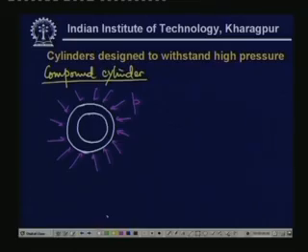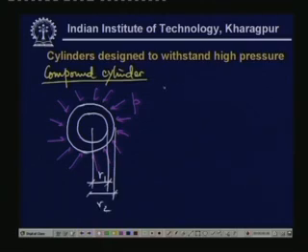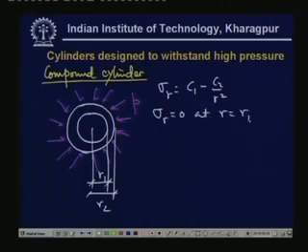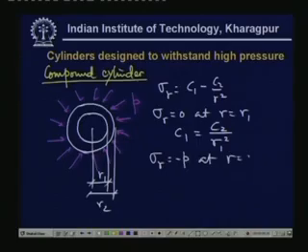So, this is subjected to external pressure. You see this distance, let us say R1, suppose this is R2. So, the Lame's equation is sigma R is C1 minus C2 by R square, and the boundary condition is that sigma R equal to 0 at R equal to R1, which gives C1 equal to C2 by R1 square, and sigma R equal to minus P at R equal to R2.